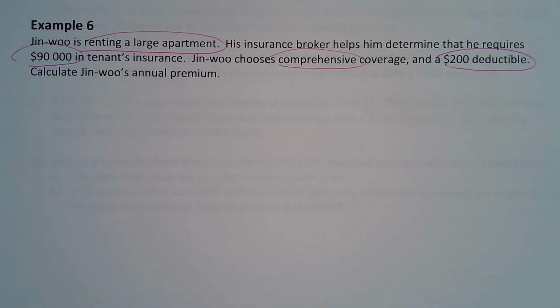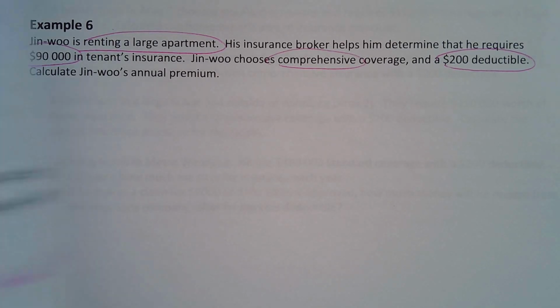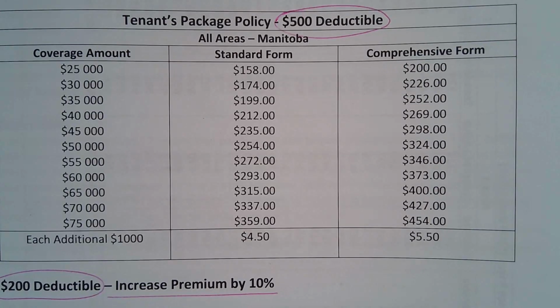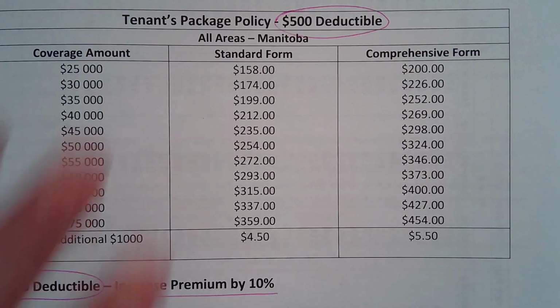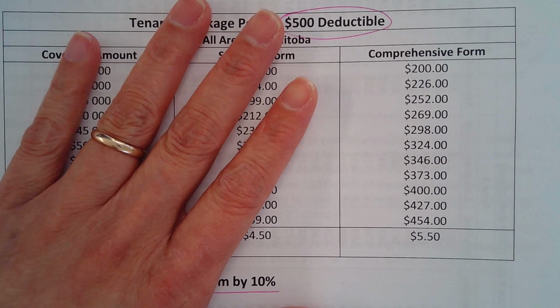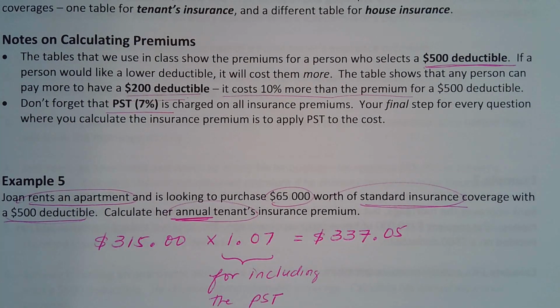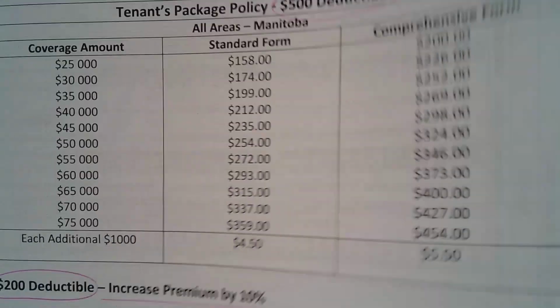Renting an apartment, so we have to choose tenant insurance, right? Jin Woo. Okay, so we're going to look at the tenant insurance. What else did they say? He requires $90,000 coverage.